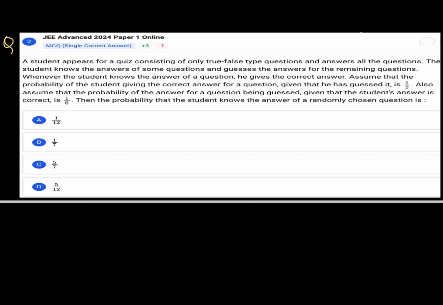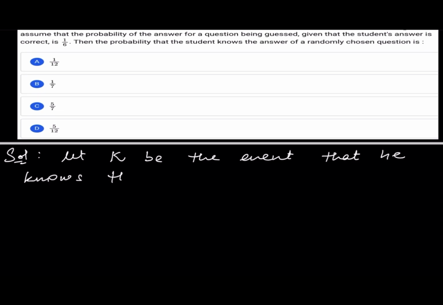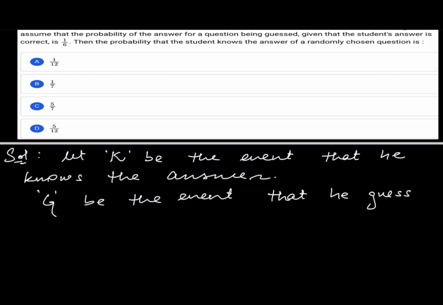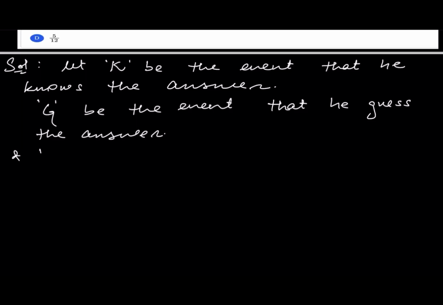Students, this question was asked in JEE Advanced 2024 paper 1. So let us define some events first. Let K be the event that he knows the answer, G be the event that he guesses the answer, and C be the event that the answer is correct.